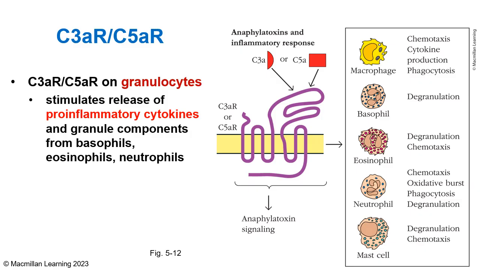So this is what is happening with your granulocytes, and also with other white blood cells that have granules that you don't see, the agranulocytes as well. So what is happening here? You have your C3a and C5a. They bind to a receptor, and look at this thing here.